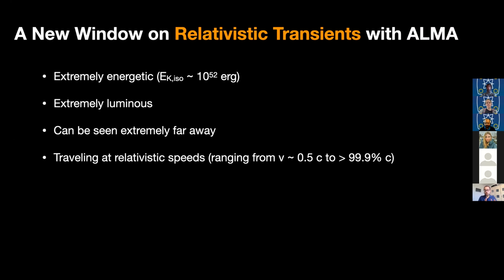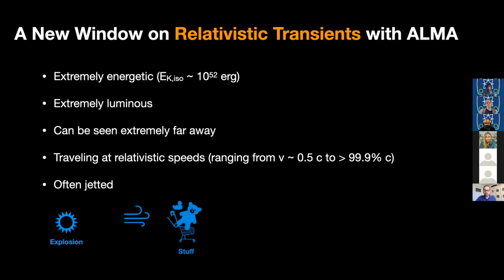The large energy budget usually means that these events have jets of some sort. There is an explosion, stuff is flung out, that stuff interacts with the environment, usually producing a shock, and then there's light, either from the shock or from processes happening in the ejecta itself. Finally, that light reaches us, which we identify as an explosive transient.